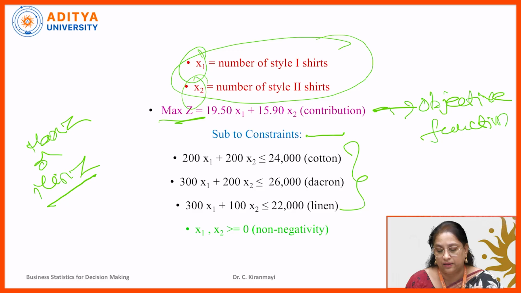Since we have used less than or equal to, because cotton thread is not available more than 24,000, we have to use the inequality less than or equal to only. So, based upon the availability of the resources, we have to form this constraint.